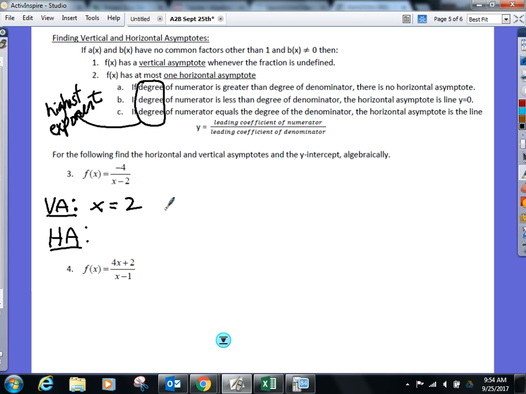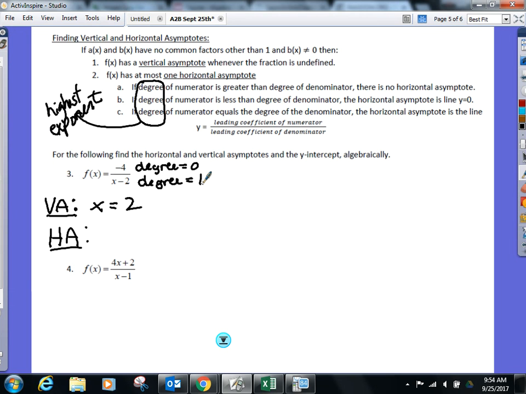No variable in the numerator, degree equals 0. Down here in the denominator, degree equals 1. It's the highest exponent on any of the variables. Let's see which one this falls under. Is the degree of the numerator greater than the denominator? Nope, so it's not that one.